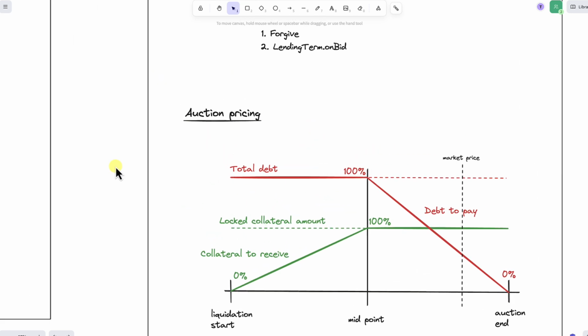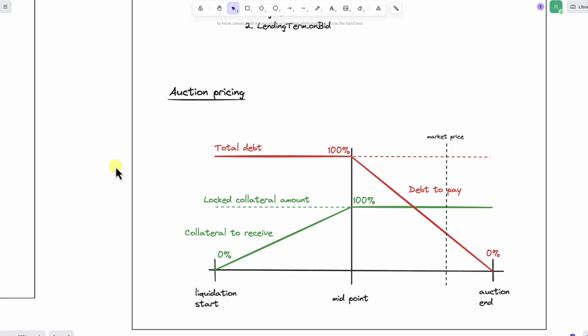Another interesting thing that is different from other lending protocols is what parameters define whether a position can be liquidated. Because in Aave, if you remember from the classes, we have loan to value. Let's say we deposited 100K, we borrowed 50K, then our loan to value is 50% because we borrowed 50% of what we deposited.